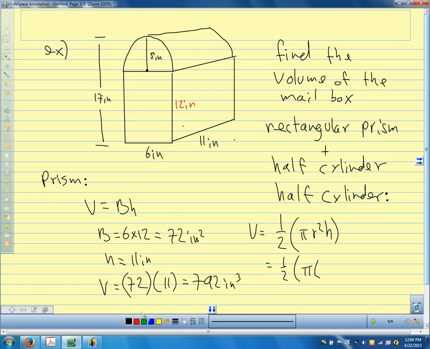Five, right? If I drew the cylinder in here, if I completed it, the radius of that circle would be 5. And the height of the cylinder, from one base to the other, 11.